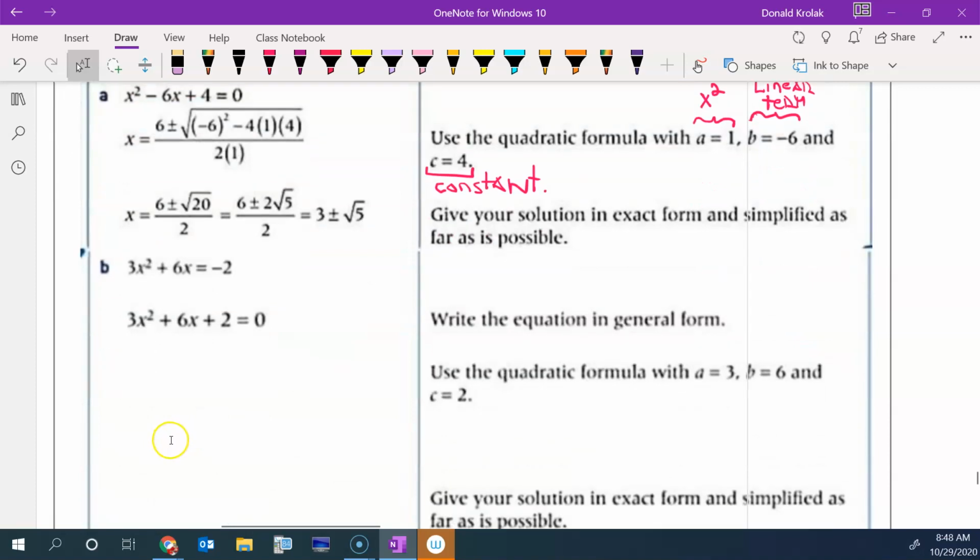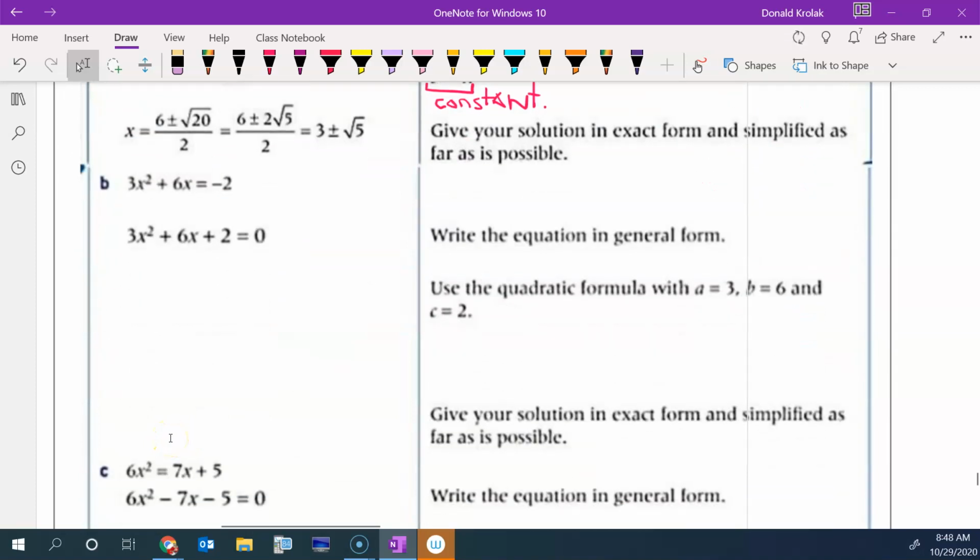This is just going over how to plug it in. All right, so let's say we were doing B here. What we do is you get it in general form, so I just added 2 to both sides. And then that helps us tell what A, B, and C are. It's just the coefficients, A, B, C, and they're right here.